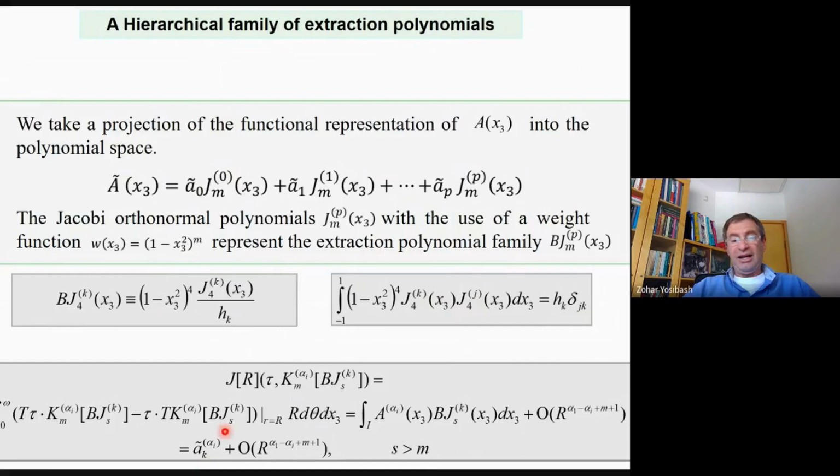So if I do a finite element solution, I get the displacements, I get the stresses along this surface. I plug them in here into this integral with a specific b, and this will give me the specific a here. So if I take b, which is j0, I will get a0. If I do this integral again with j1, I will get a1. And I can continue and do that, and I get as many terms in the representation of this function a of x3.